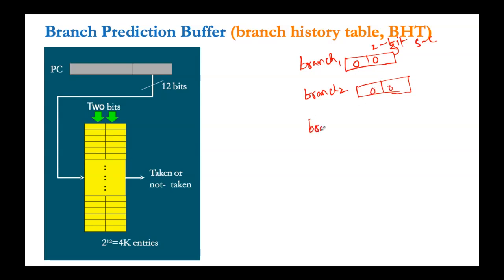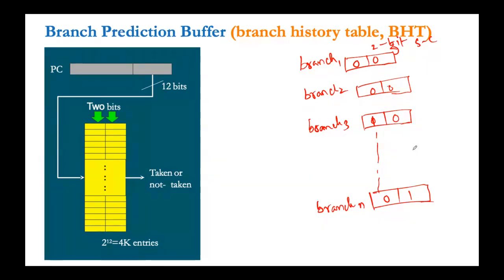If we have another branch, branch 3, that will also hold the status of whether the branch will be taken or not. Like that, suppose we have some n number of branches, all of them hold a 2-bit saturating counter.